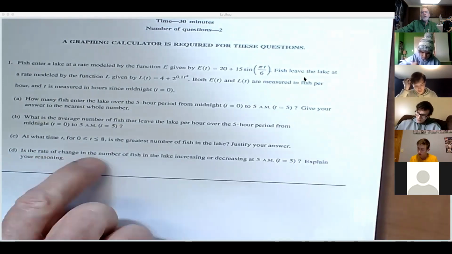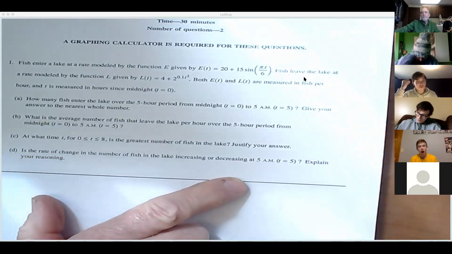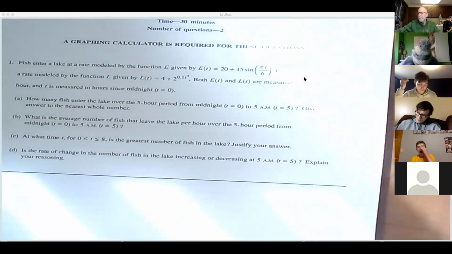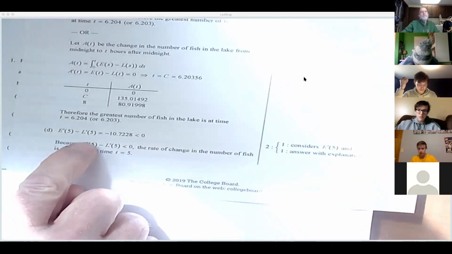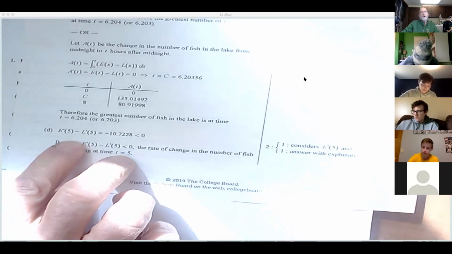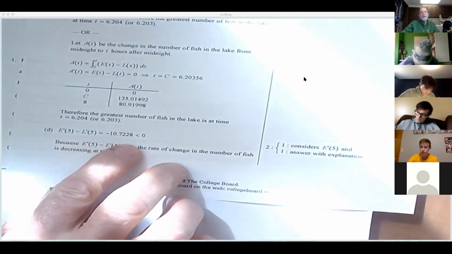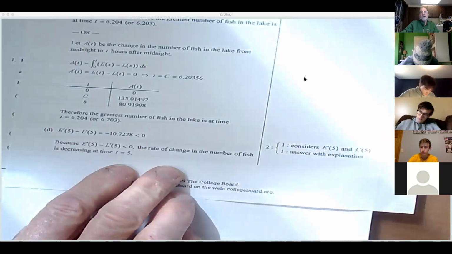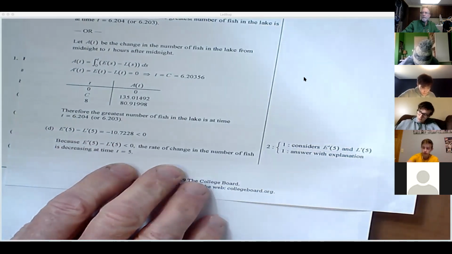Well, to take a look at whether the rate is increasing or decreasing, you have to look at the next derivative, which is what this is. And so when you take the derivative of those and plug in 5, it's negative. So because it's negative, the rate of change in the number of fish is decreasing at time t equals 5. And that's worth 2 points.